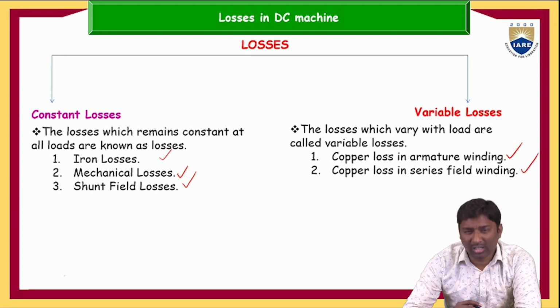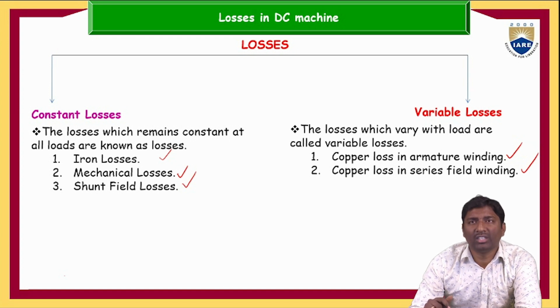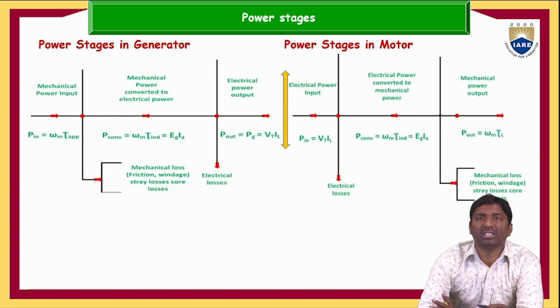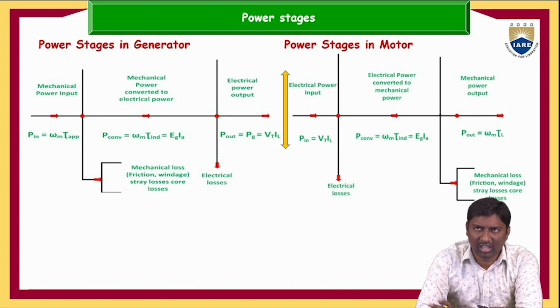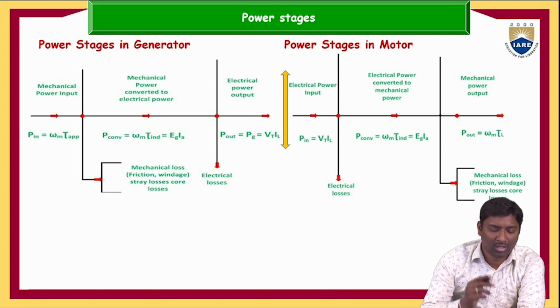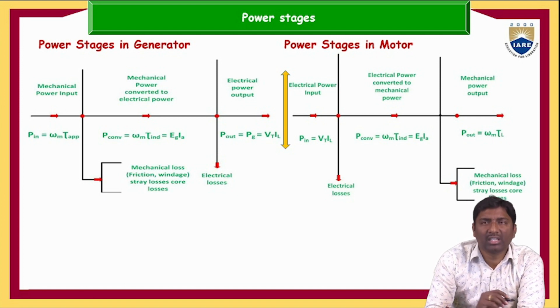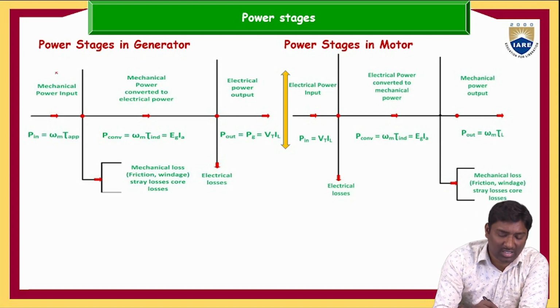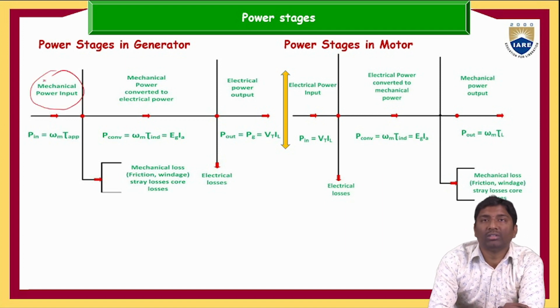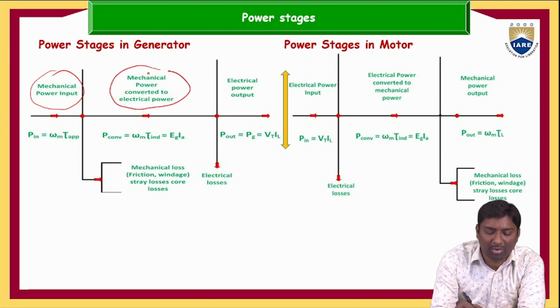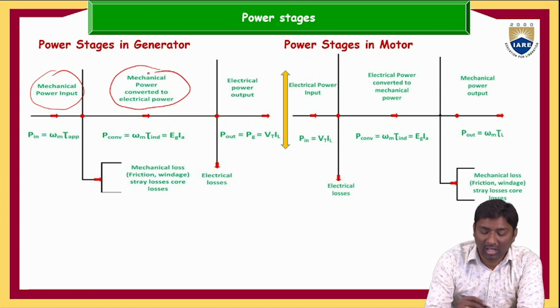Before discussing this, what are the power stages in the case of the generator and motor? You can observe the power stages in a generator. First, mechanical power is the input, and that mechanical power is converted into electrical power, and the output is electrical power.